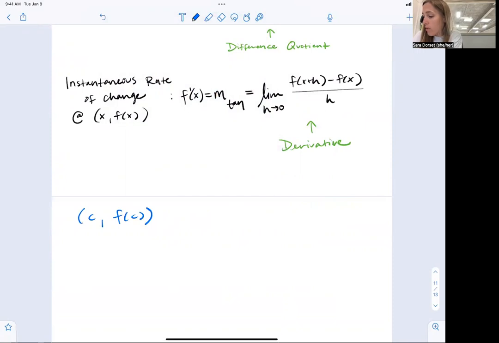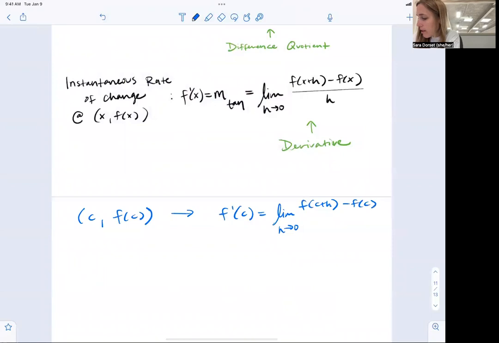The way that you could do that is just do f prime of c, which would be the limit as h approaches 0 of f of c plus h minus f of c all over h. And there's an alternative form of this that we'll discuss later in this section.